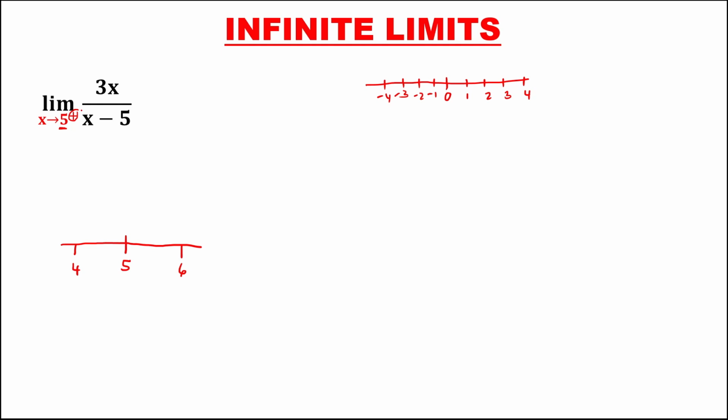Since we approach positive 5 from the right, we need to take a value closer to positive 5. So we can use 5.1. This is now the value for x in the denominator.